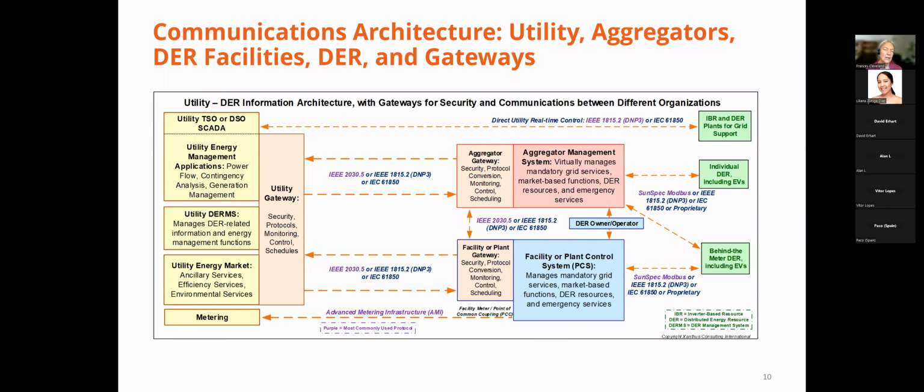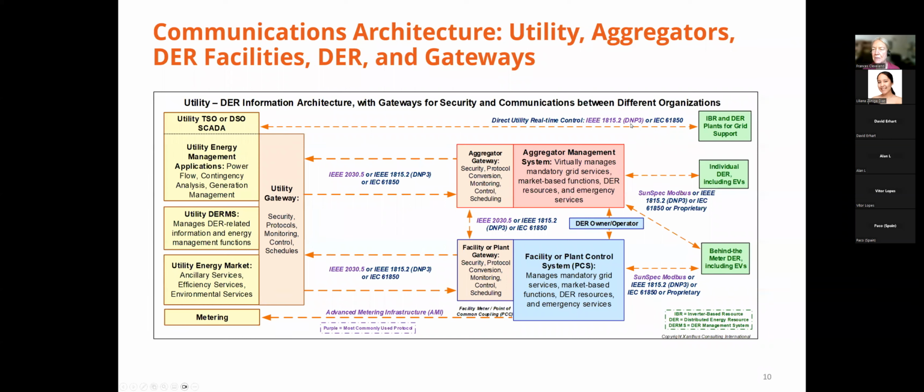So looking at this communications architecture, as opposed to the DER architecture, this is showing the communication requirements. So for instance, up at the utility level, at either the transmission or distribution operation, SCADA system, if they're interacting directly with a plant, they want to use a protocol that is meant for that process.